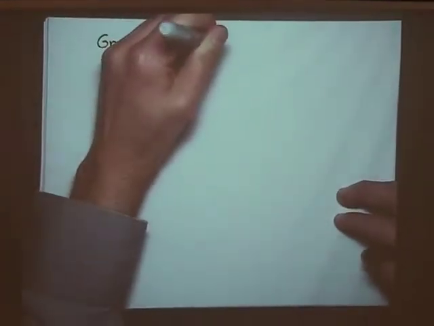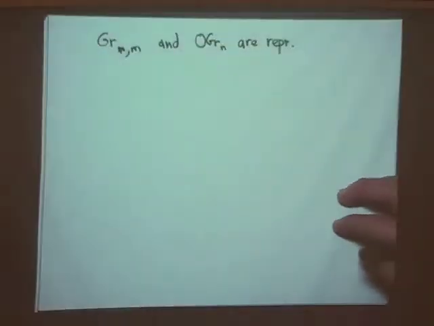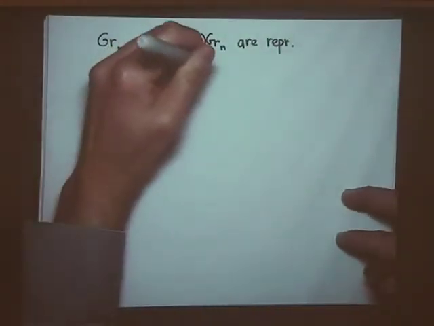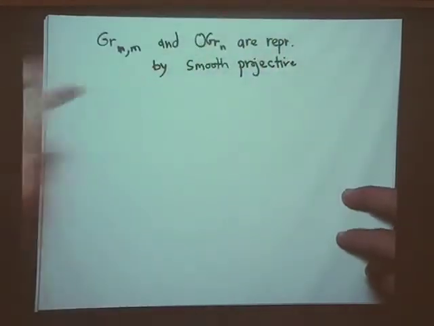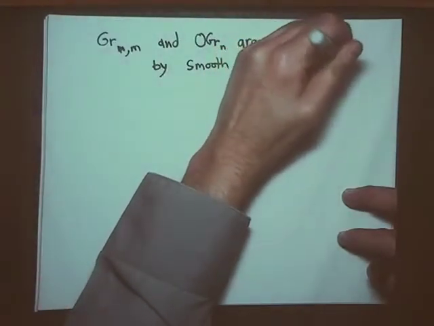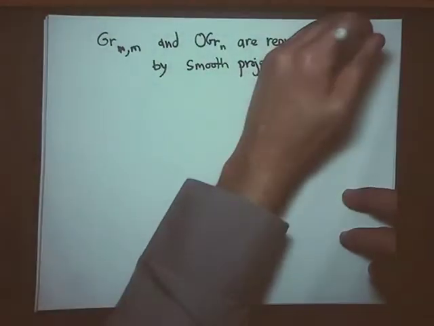I probably reversed them. Okay, so this and OGr_n are represented by smooth projective schemes over Z. That means you can plug in any ring, so smooth projective schemes over Spec Z.